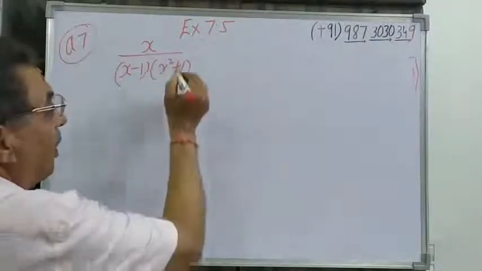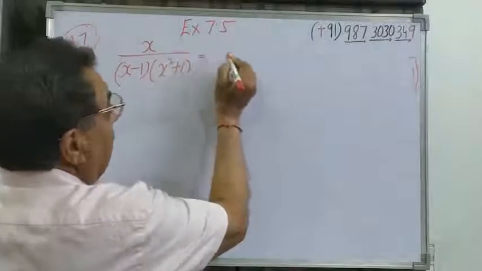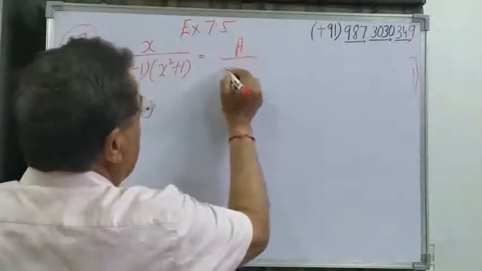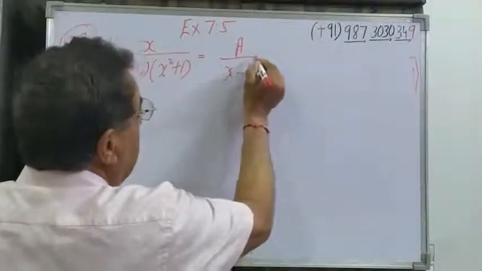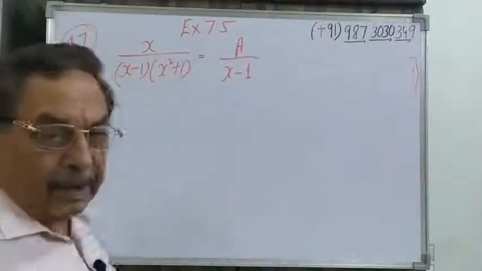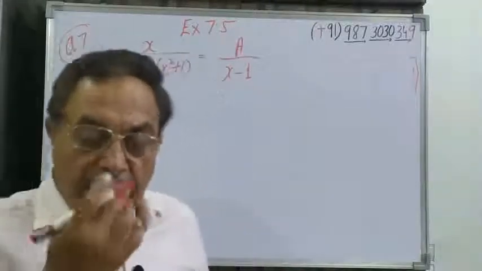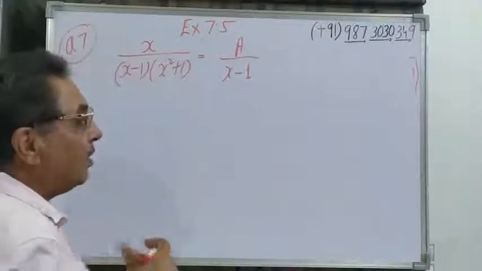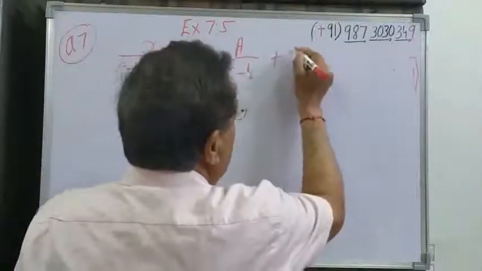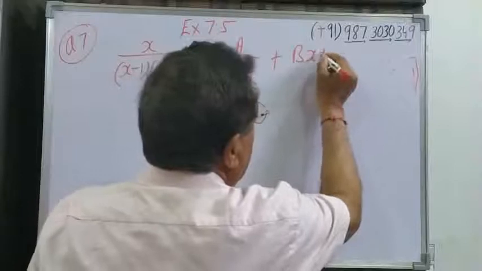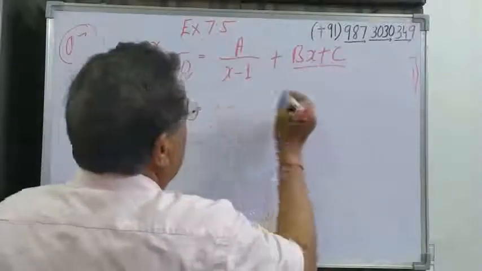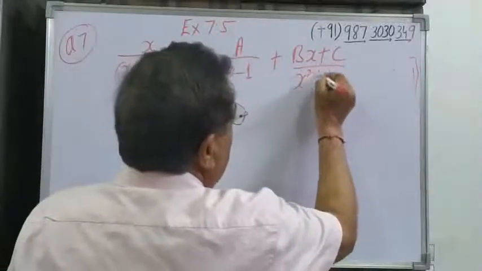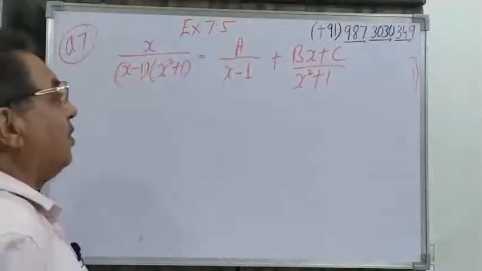For resolving into partial fractions, I will write A upon x minus 1. Now x square plus 1 is a quadratic, non-factorizable. So I told you in the beginning, how will you resolve this type into partial fractions? We write Bx plus C divided by the quadratic which cannot be factorized. So this is the way.